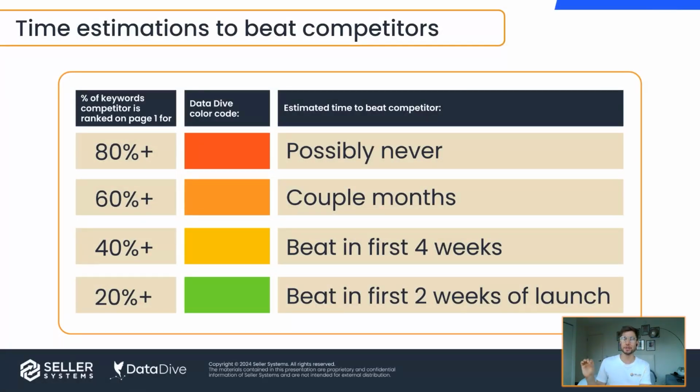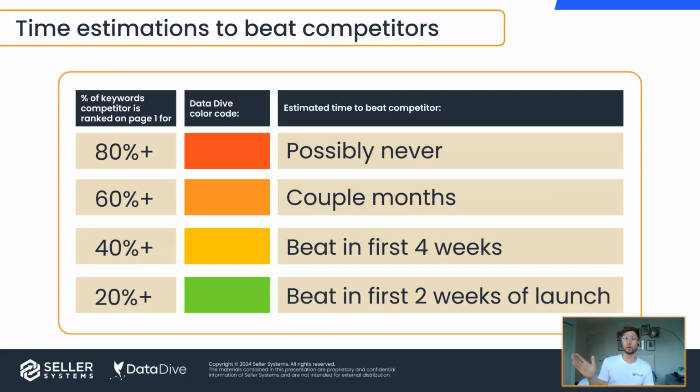But this is something else that's also really important to understand. You're going to see this inside of the master keyword list. This is another section that we get a lot of questions about that you should write down and take note of. There is going to be an area inside of DataDive which basically gives each competitor a score for how competitive they are.